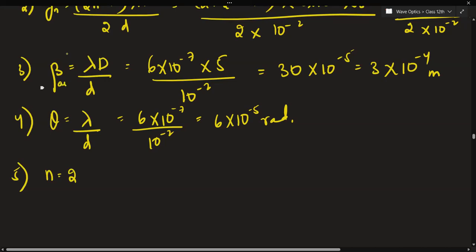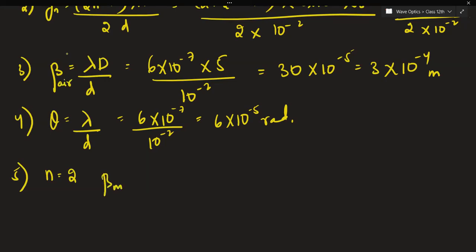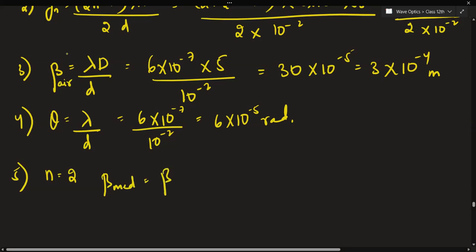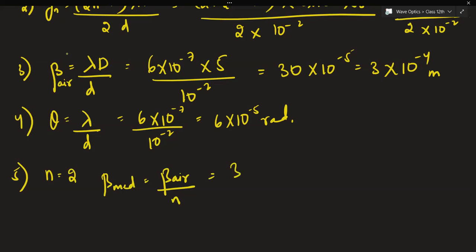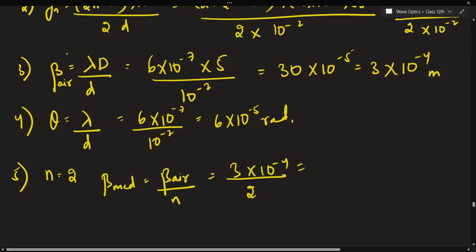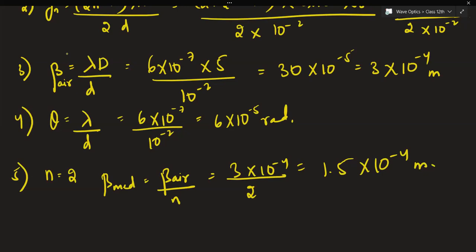This was the fringe width in air. So the fringe width in that particular medium will be the fringe width in air divided by the refractive index. You got 3 into 10 to the power minus 4 divided by the refractive index, which is 2. That is 1.5 into 10 to the power minus 4 meters, because this is the width of the fringe.